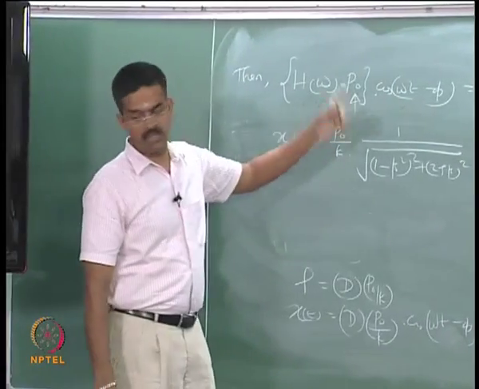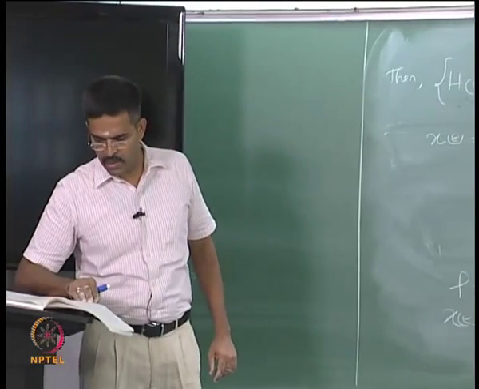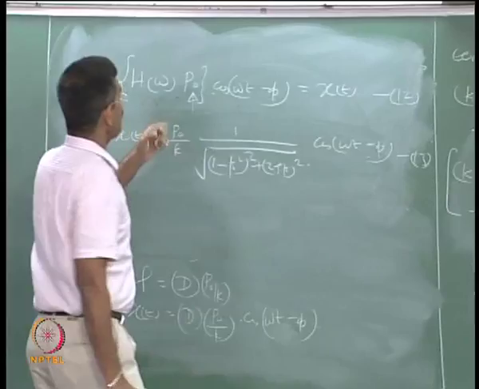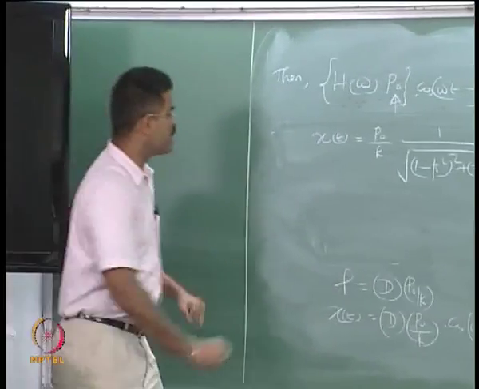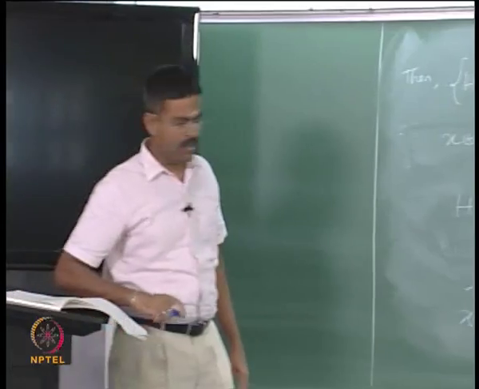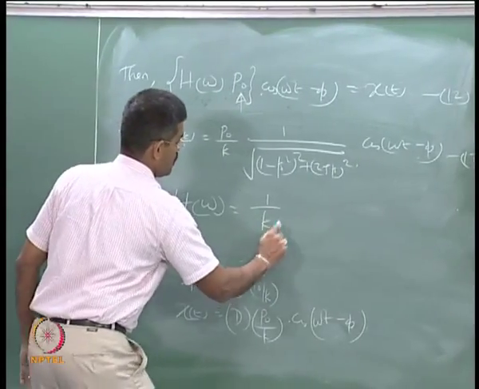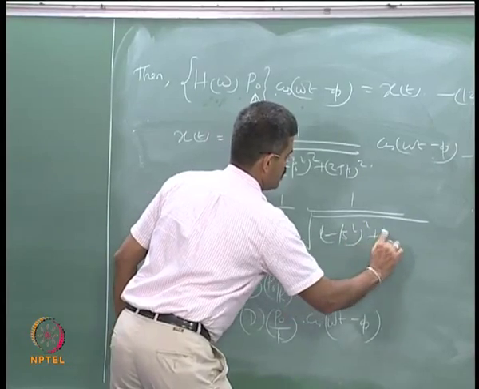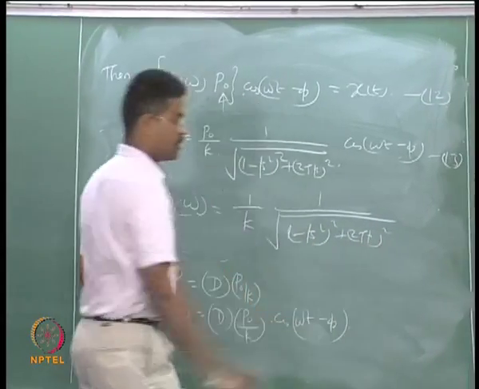Compare these two equations now. This is my equation number 13. Can you now compare 12 and 13, and can you write H omega as 1 by k of root of 1 minus beta square plus 2 zeta beta square, is it okay?